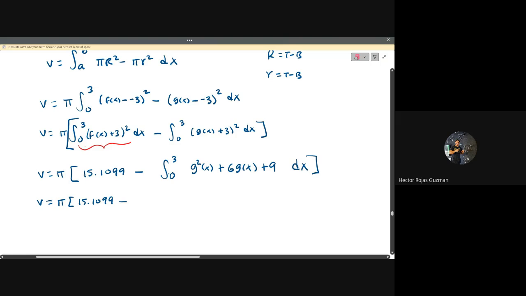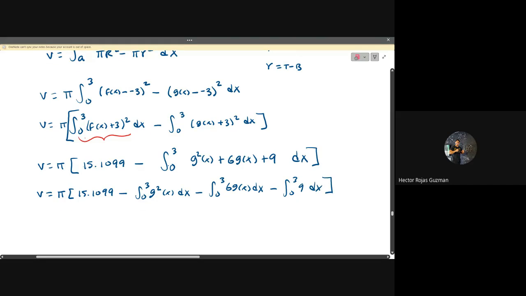And I'm going to write it. I'm not going to be lazy because if not, things are going to get messed up. Minus the integral from 0 to 3 of 6 g of x dx, minus the integral from 0 to 3 of 9 dx. Close the parentheses because pi is still affecting everything.